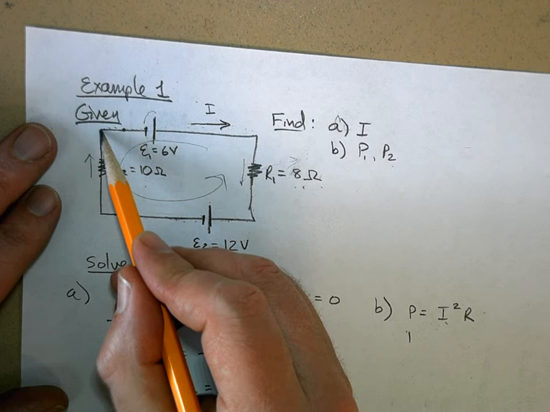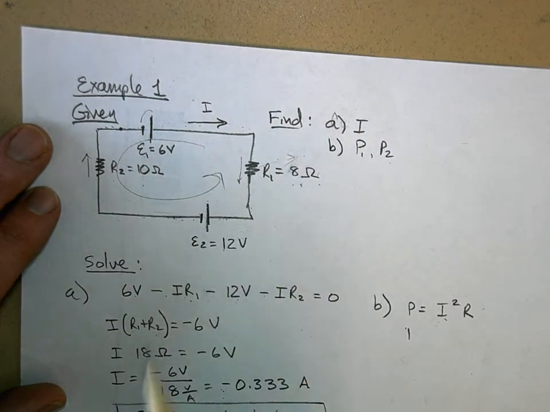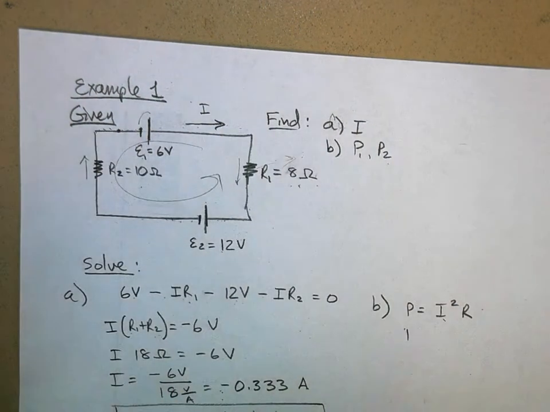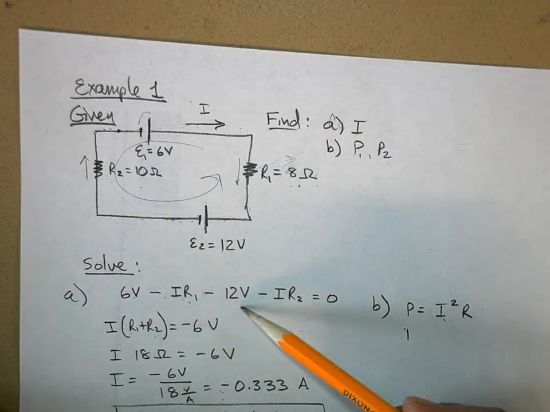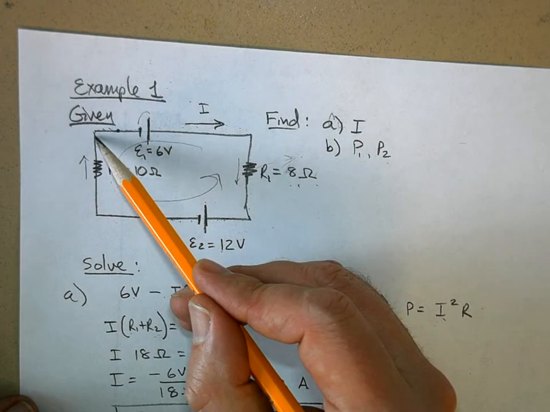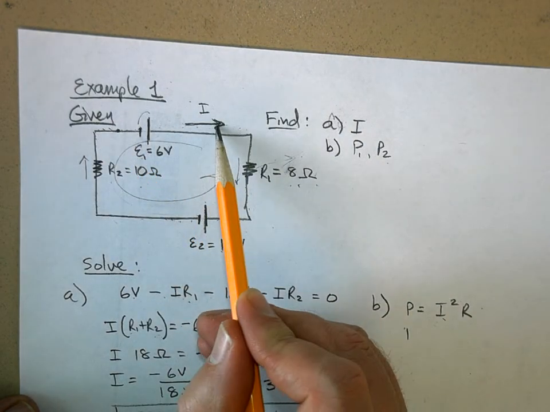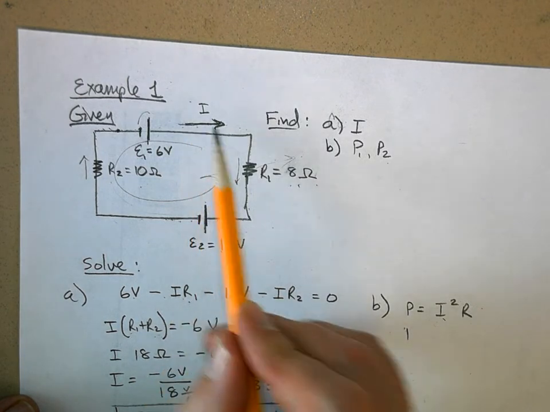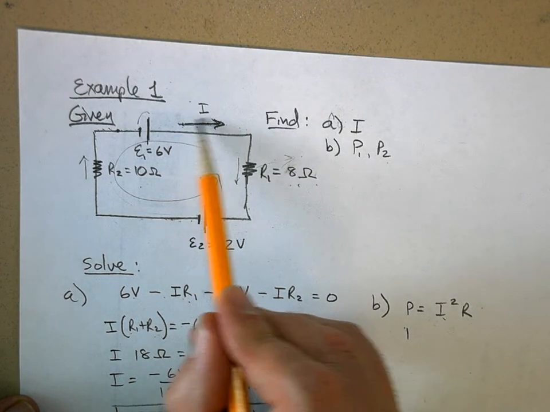Now pay attention, because this is where students make the most mistakes in setting up their voltage equation. If you are going like this, you are going against the direction of your guessed current. You took a wild guess that the current was going to go this way.